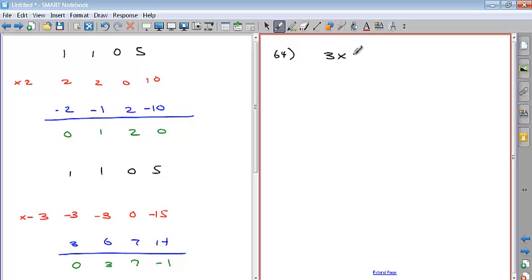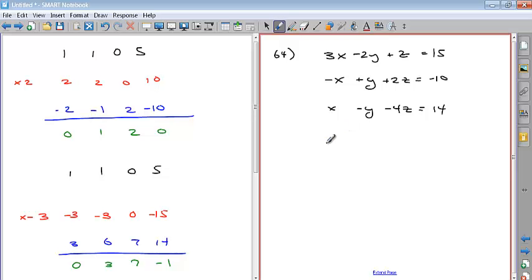So 64 is 3x minus 2y plus z equals 15. That's the first equation. Negative x plus y plus 2z equals negative 10. And we have x minus y minus 4z equals 14.